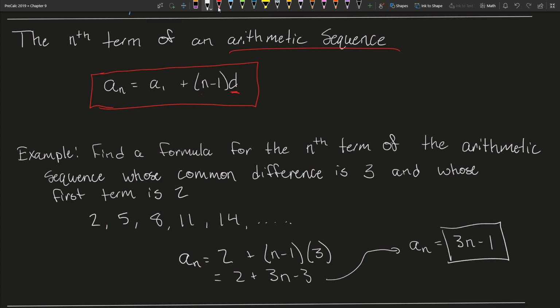So our rule for the nth term then is 3n minus 1. Are there questions about that so far? The most important thing that you can get from this screen, I guess, is that equation.